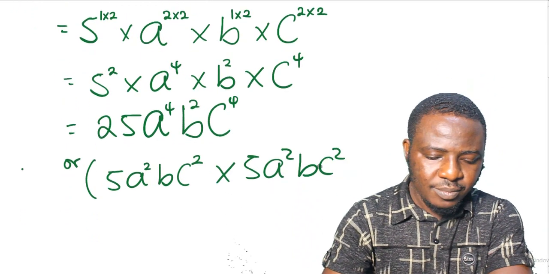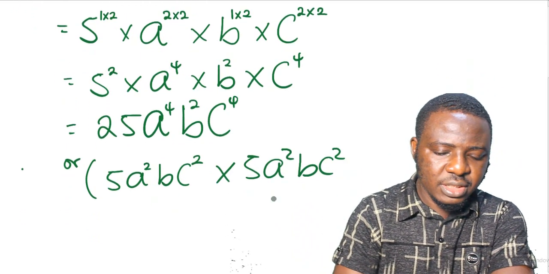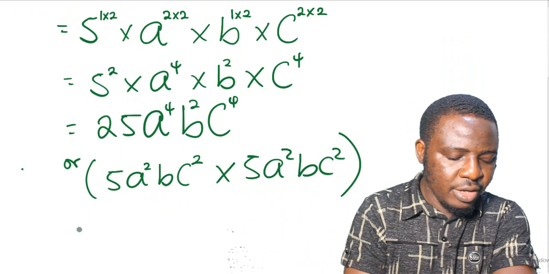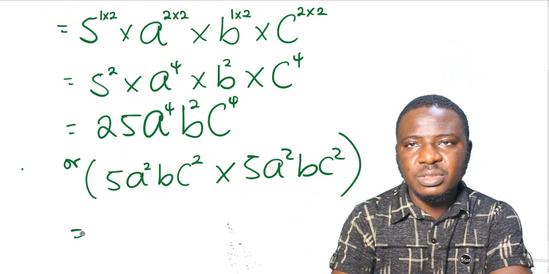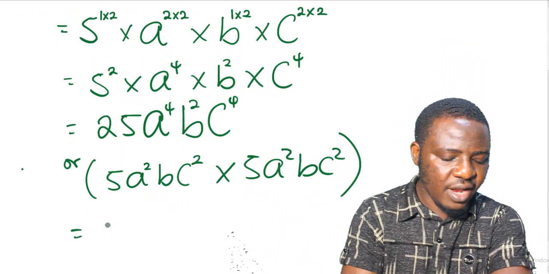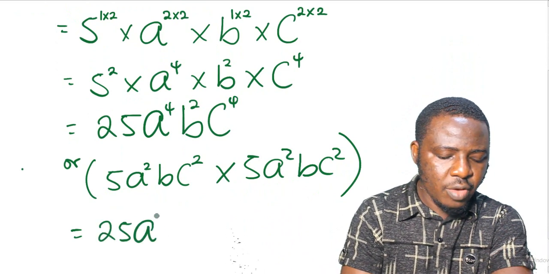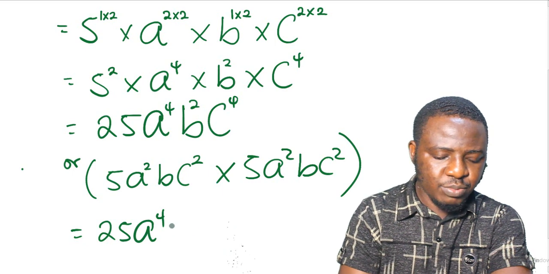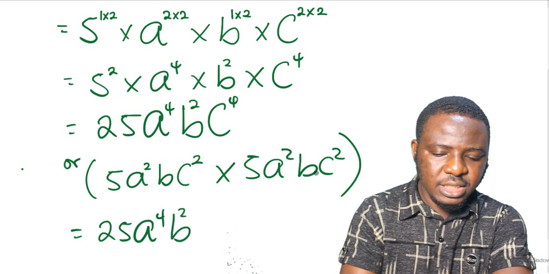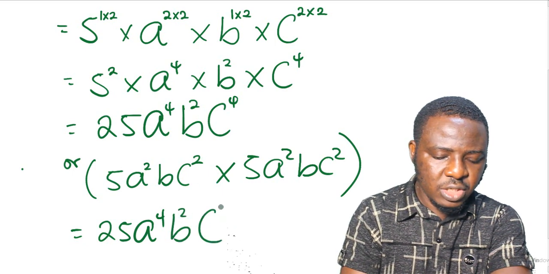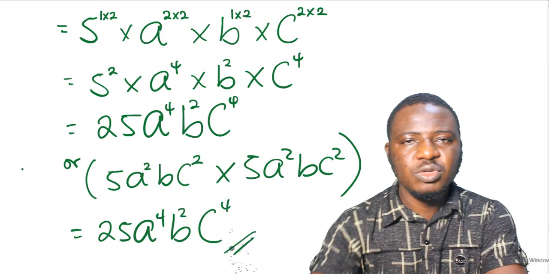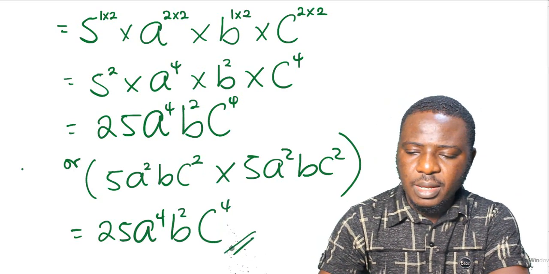For the square of this implies this. Then you multiply like terms by like terms, okay? 5 times 5 will give you 25. A squared times a squared will give you a raised to the power of 4. B times b will give you b squared. And c squared times c squared will give you c raised to the power of 4. Whichever way you take is the same.